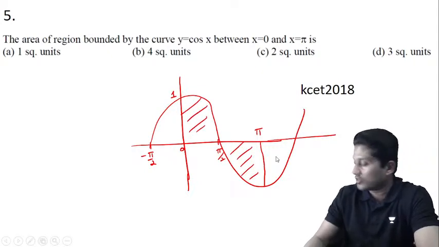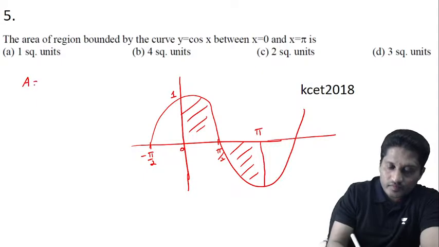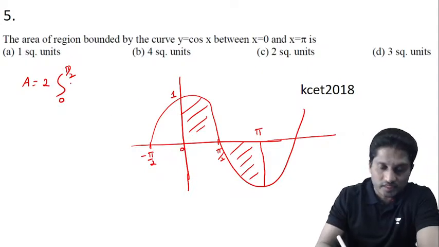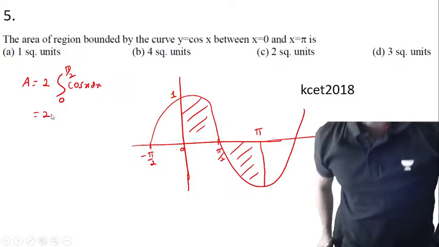Alright, now area is equal to 2 times integration of 0 to pi by 2, and then you get this as cos x dx. 2 times integration of cos x is sin x.